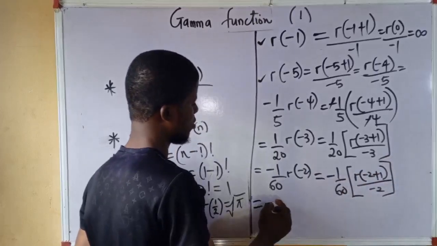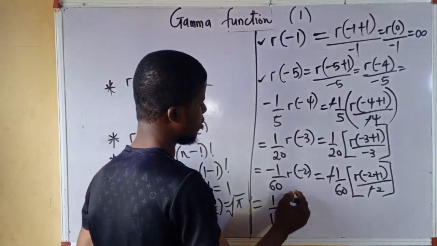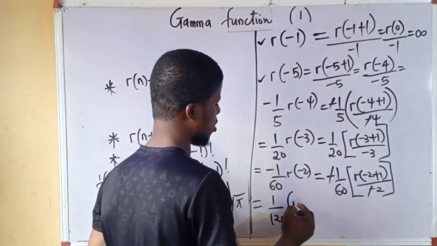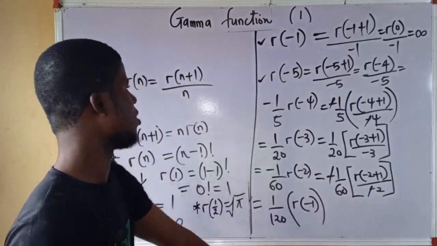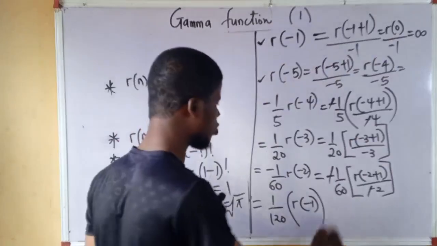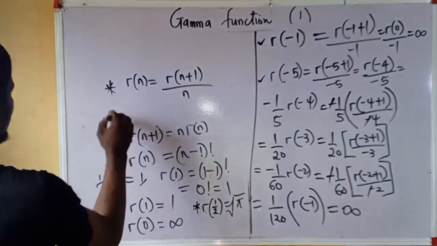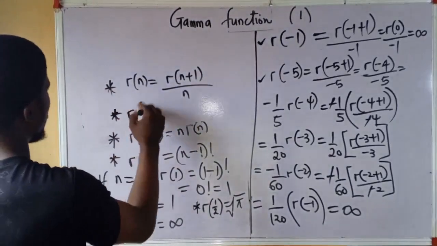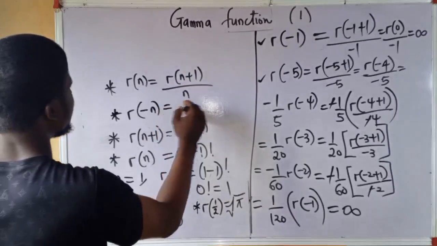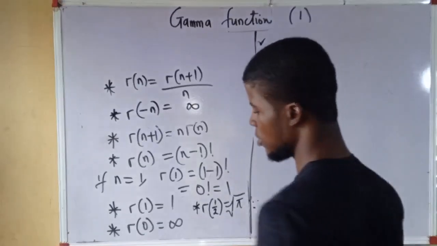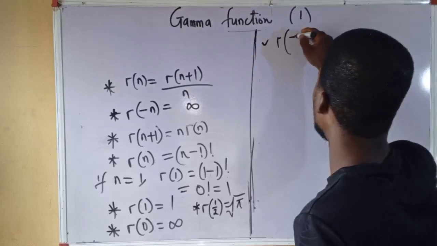So minus cancel minus, we have plus 1 over 120 into minus 2 plus 1 is minus 1, gamma of minus 1. Interesting. And what is gamma of minus 1? That's infinity. So everything will go towards infinity. So you take note now. Let's add that to this. The gamma of minus n is actually infinity. What is gamma of minus 1 over 2?